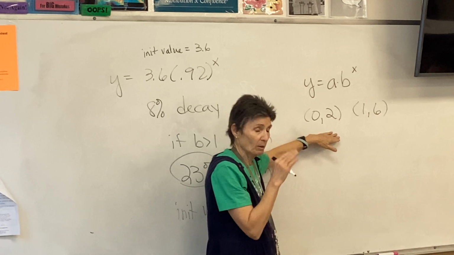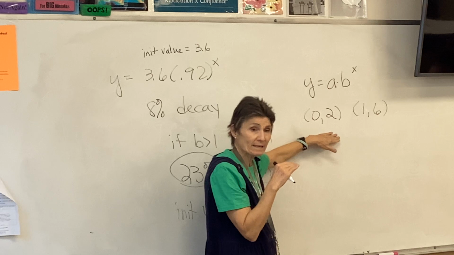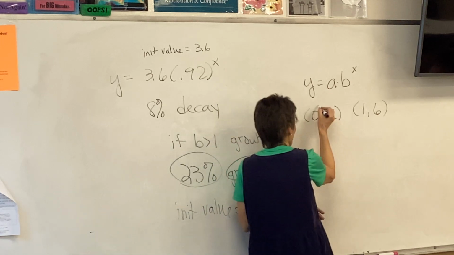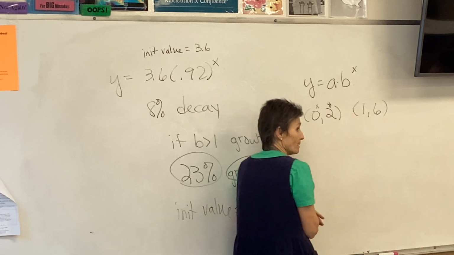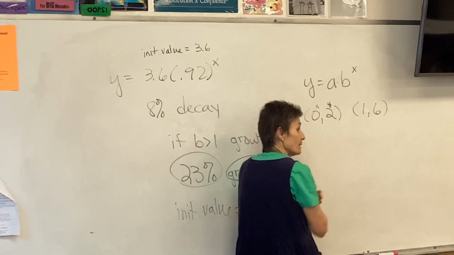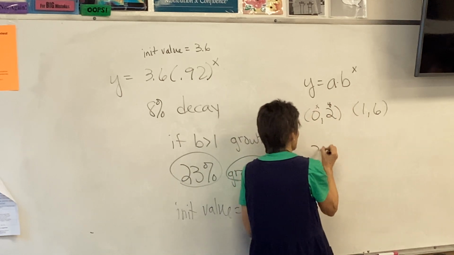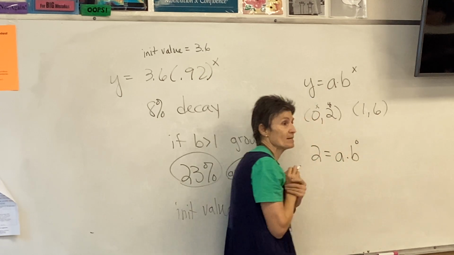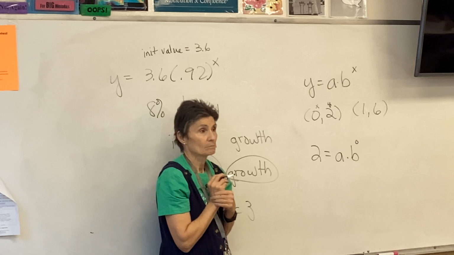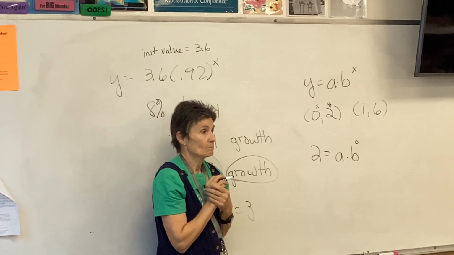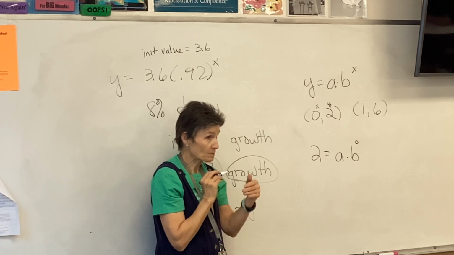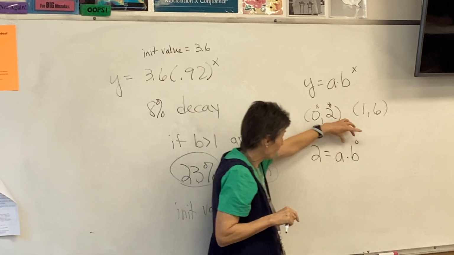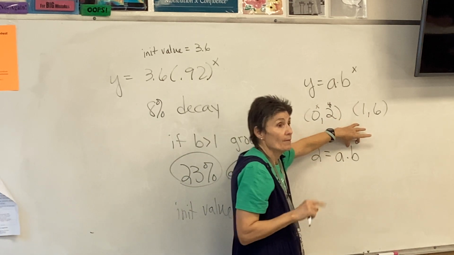Start by plugging in the point that has a 0. Keep in mind, this is x and this is y. I'm going to plug it into my format. So 2 equals a times b to the 0. See what I did? I just put my y in and I put my x in. Now, what do I know about b to the 0?